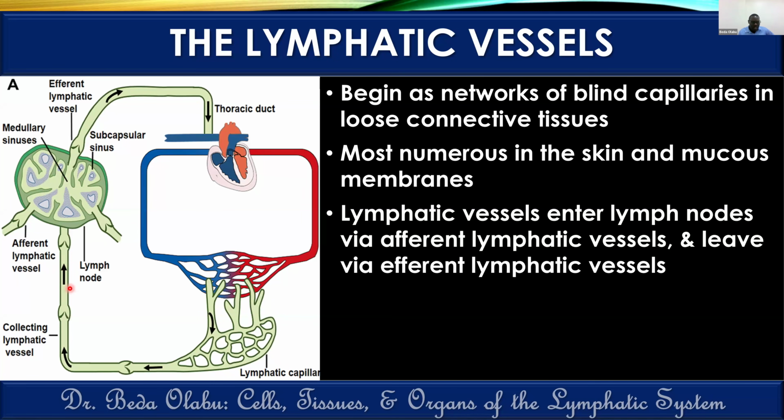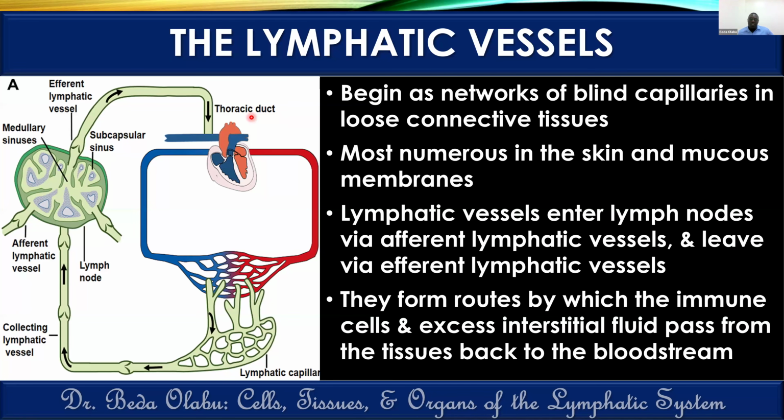So the afferent vessel will enter and the efferent vessel will leave. This efferent vessel may also be afferent to another lymph node. So you may have multiple chains of lymph nodes along the path of a lymphatic vessel, but eventually the lymphatic fluid will go back to the circulation through the thoracic duct.